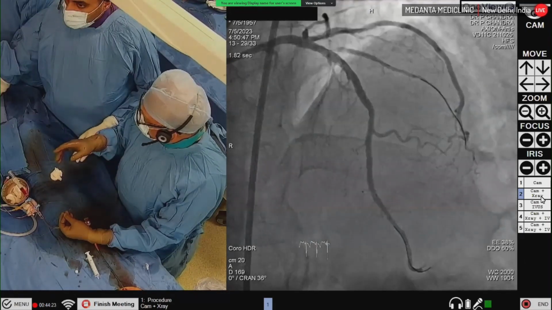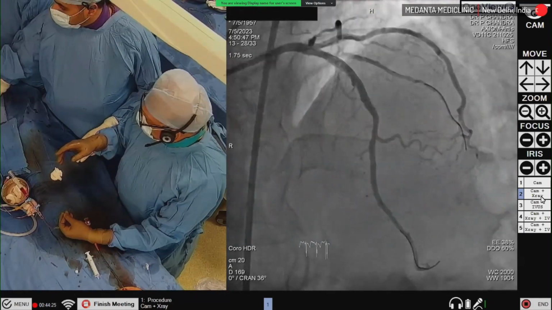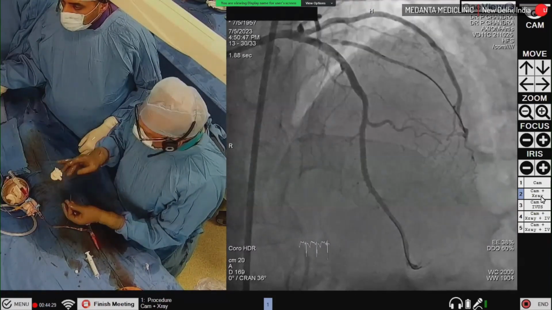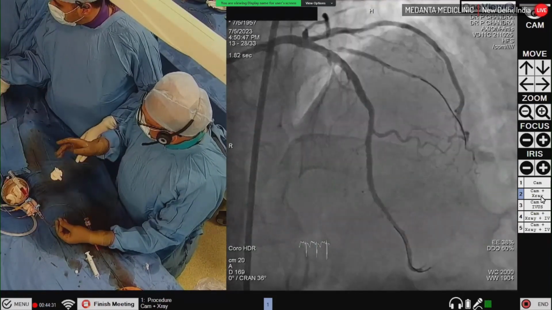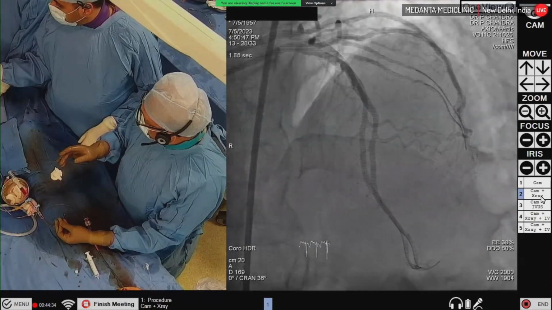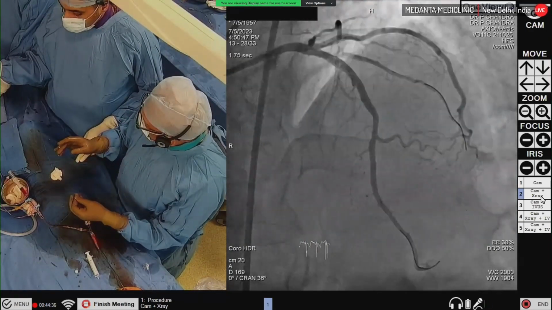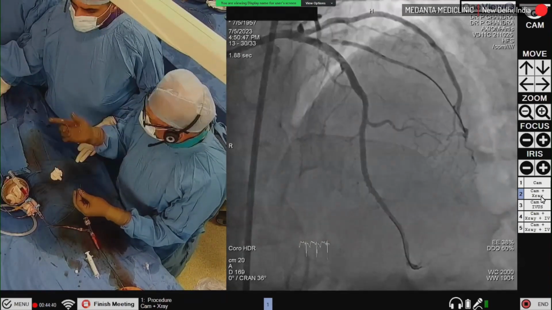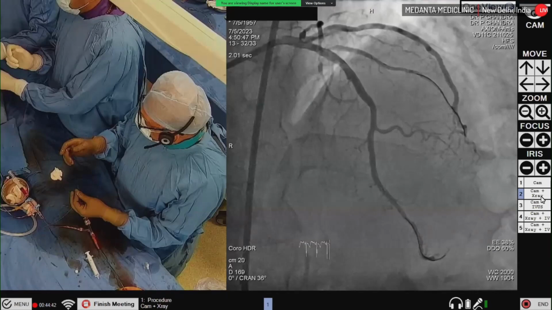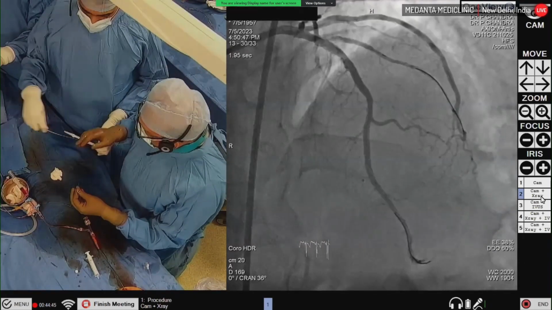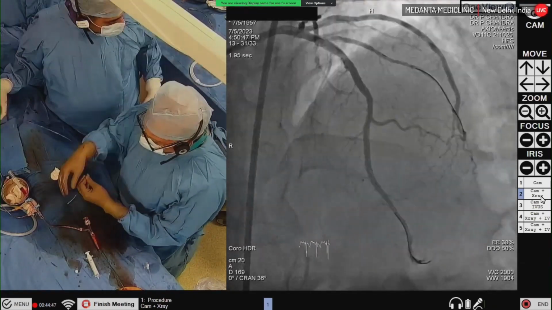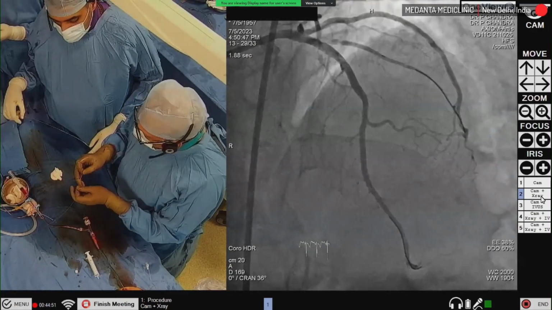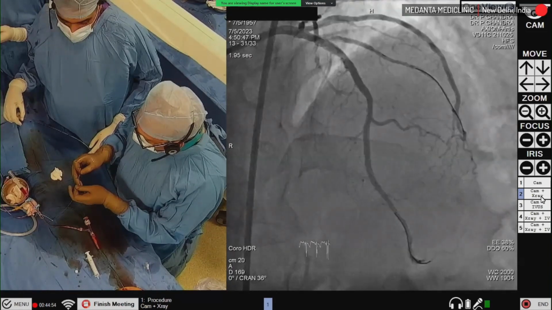We'll take this Magic Touch from Concept Medical, and we have been using this balloon for a while now with good results. This is also a sirolimus-eluting balloon. It has nanotechnology, where a phospholipid core holds the drug together and then releases it within the folds of the balloon.